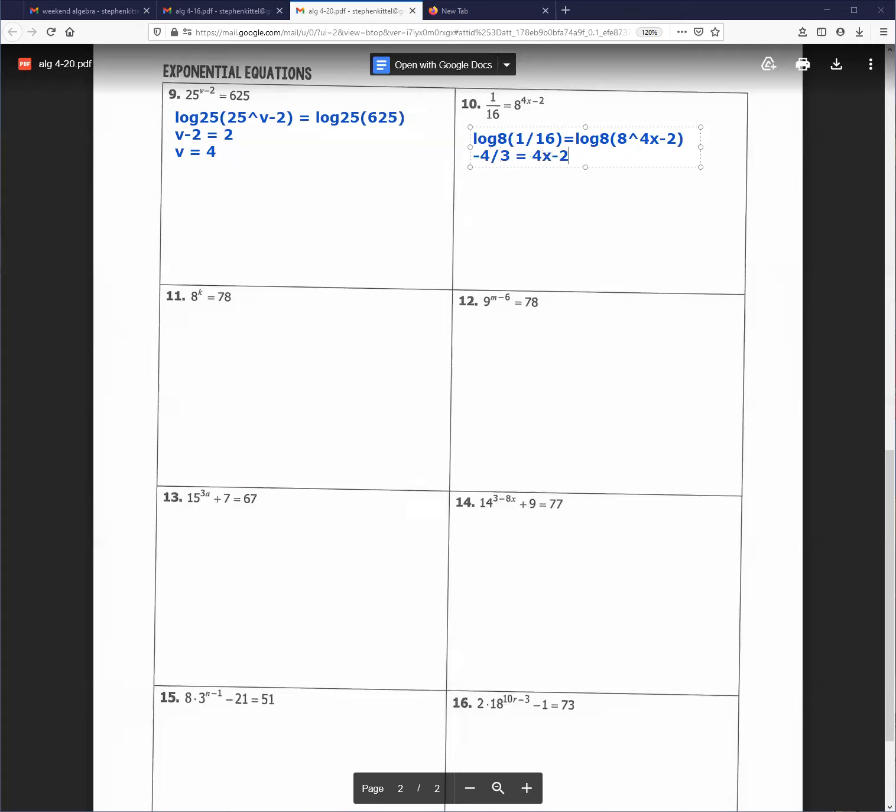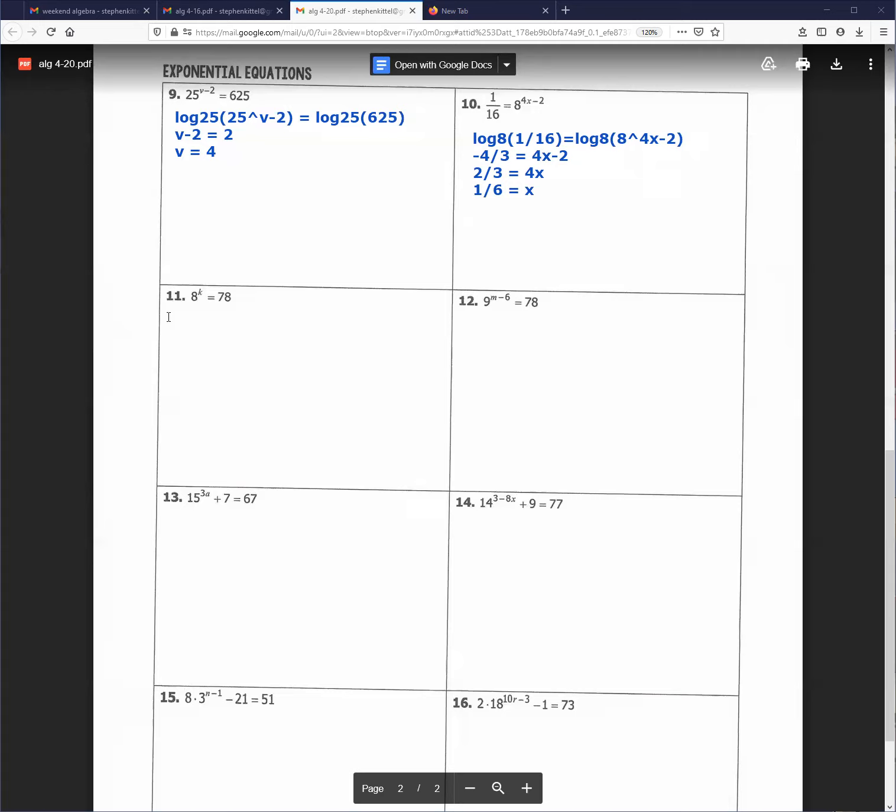And the other side is 4x minus 2. So now we'll add 2 to both sides. That's 6/3 we're adding to both sides. All right, so 2/3 is equal to 4x. And so divide by 4, we get 2/12, or 1/6 is equal to x. Pretty sure, unless I screwed that up. But I think that's how it goes.